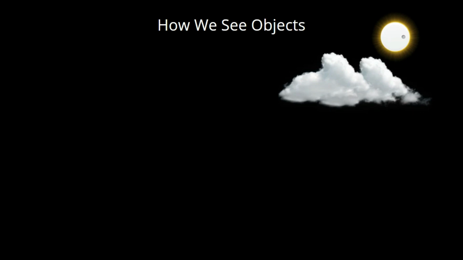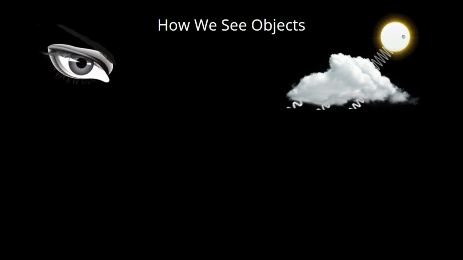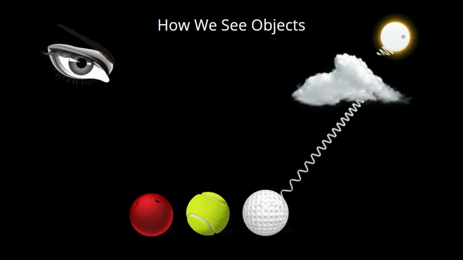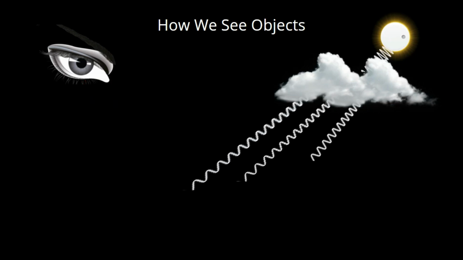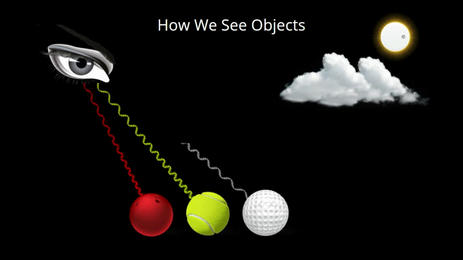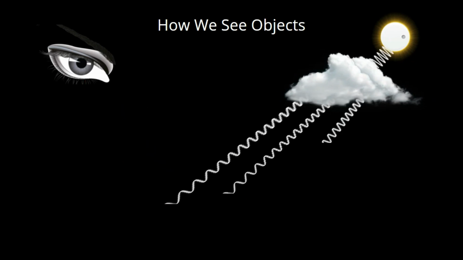Now, the objects in our environment absorb some of these rays that finally reach the surface of the earth and may reflect or re-emit some of the energy. It happens that the color of an object is the portion of these visible electromagnetic waves that it reflects or re-emits.